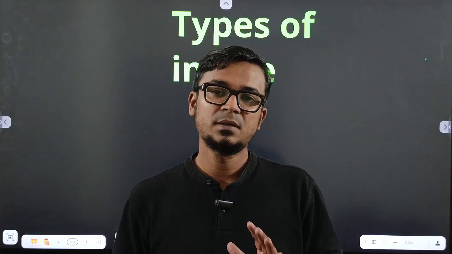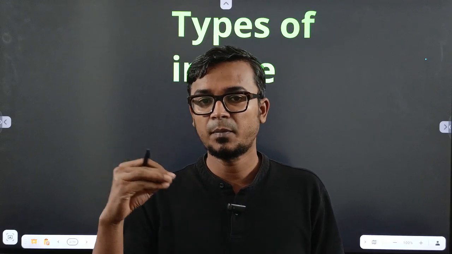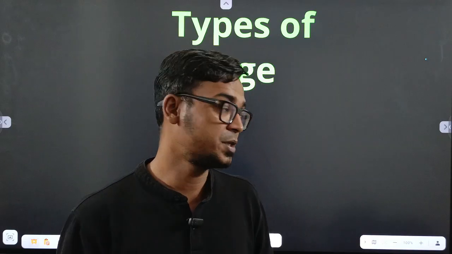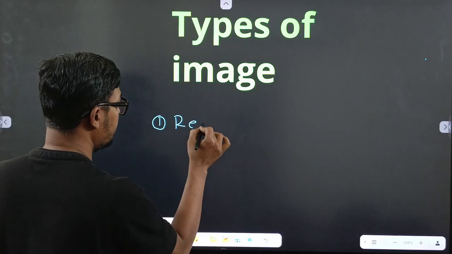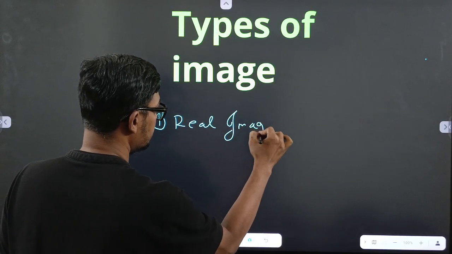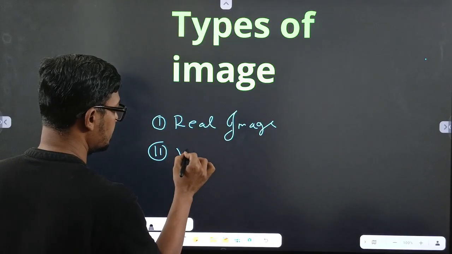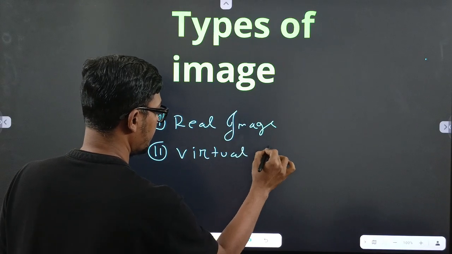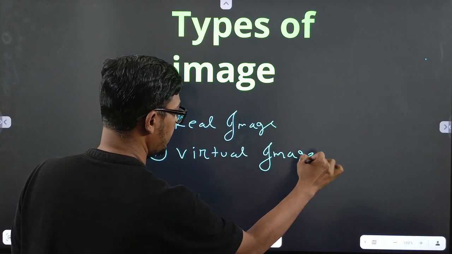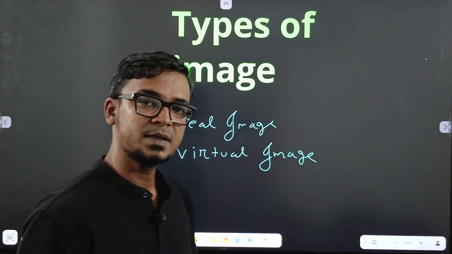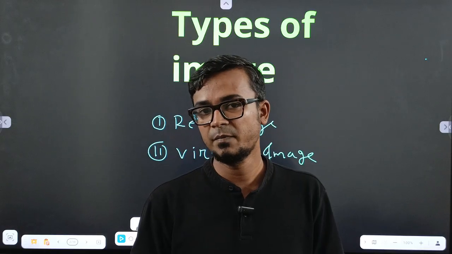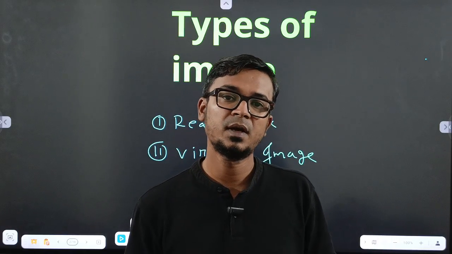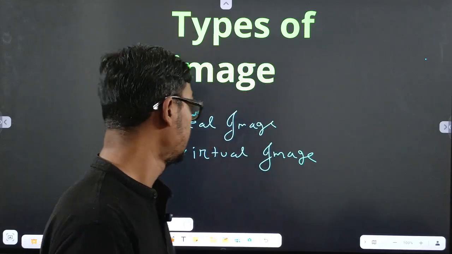And when the image forms on the opposite side of the incident ray of light, that is called a virtual image. So real image is formed at the same side of the incident ray of light, and virtual image is formed at the opposite side of the incident ray of light.